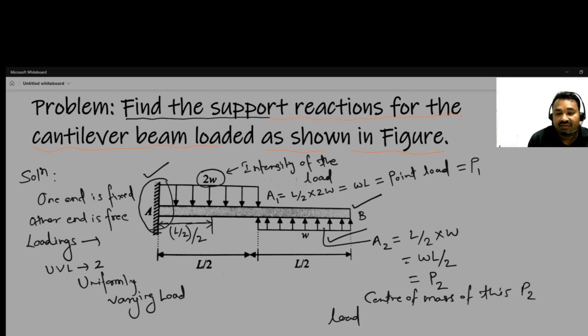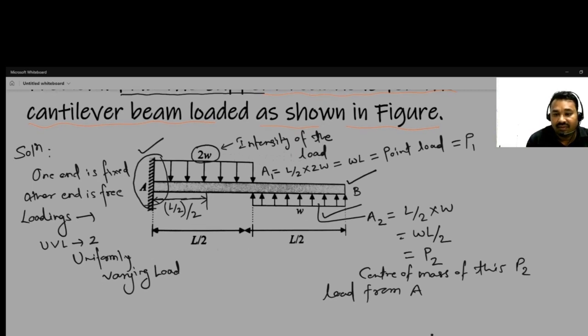From A, that is equal to L by 2 plus this one divided by 2.